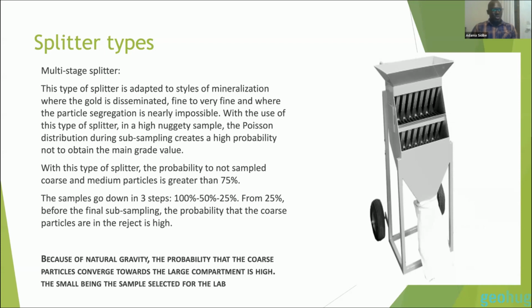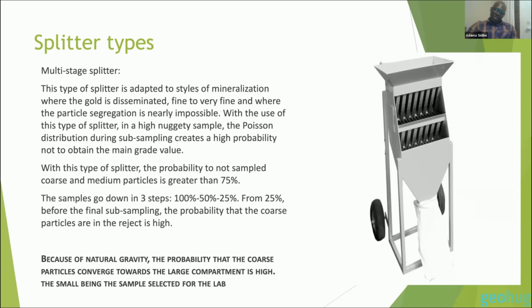With the use of this type of splitter in a high nugget sample, the statistical Poisson distribution during the subsampling creates a high probability of not obtaining the main grade value.